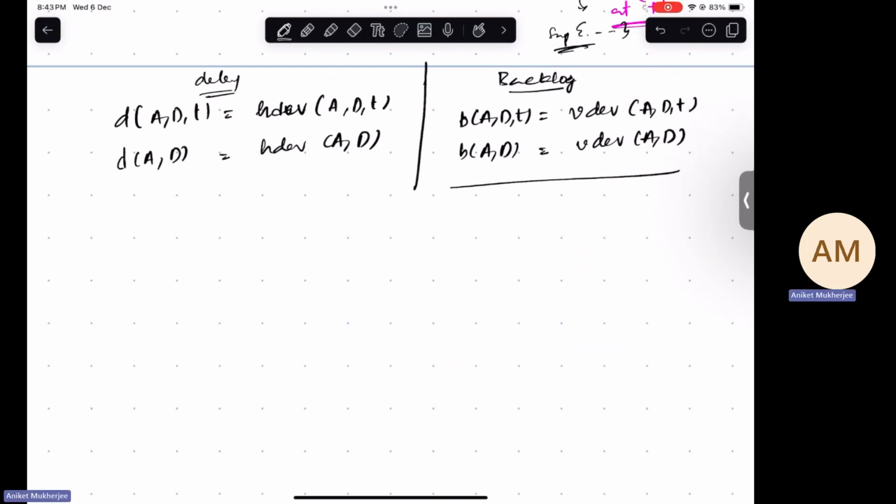I have used the term virtual delay, but I have not clearly said what a virtual delay is. Virtual delay is basically: if a packet would have arrived at time t, what is the delay that it would have seen?